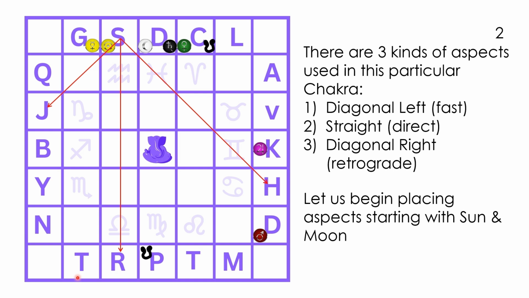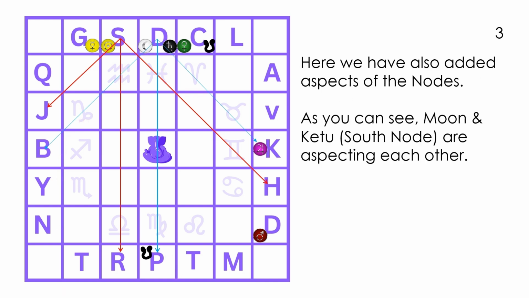Okay, so in this particular system, Sun is having three aspects, and from Sa it is aspecting Ha and Ra and Ja. Moon is in Da, and it is aspecting Ka, Pa and Ba. Next we have the nodes, and as you can see, Moon and Ketu are aspecting each other.